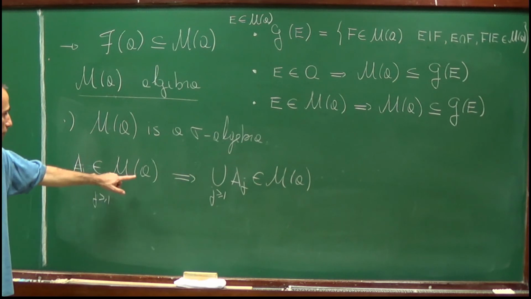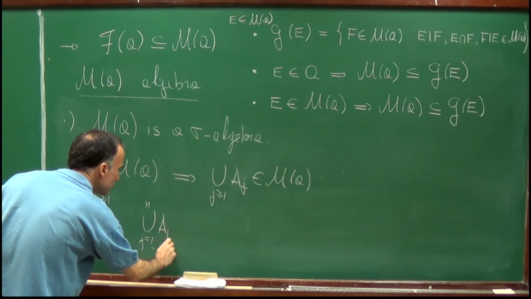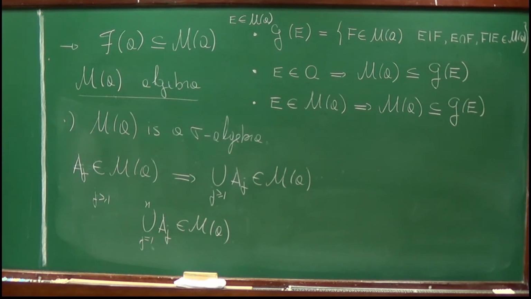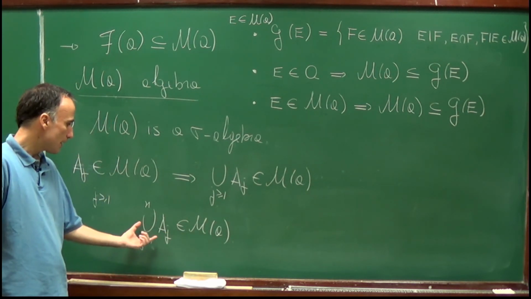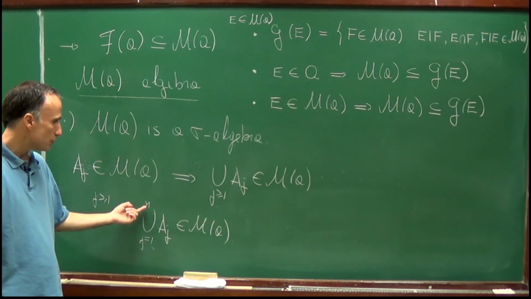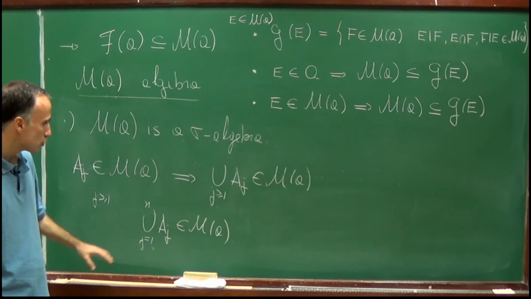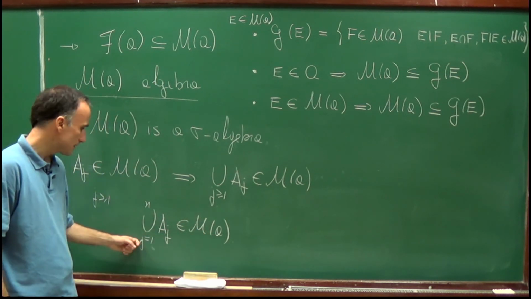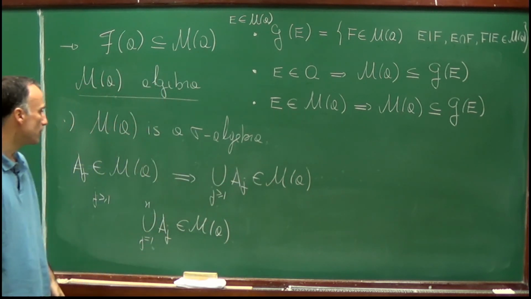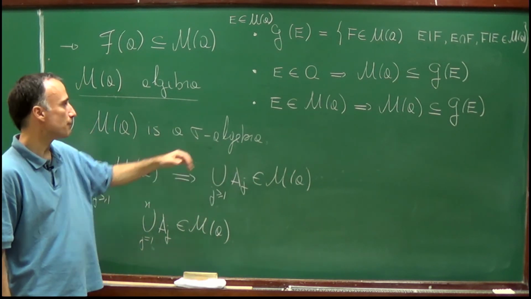Well, since M of A is an algebra, we know that the union from 1 up to n of A_j is an element of M of A. And now, since M of A is a monotone class, and this sequence, the union from 1 to n of A_j, increases as n goes to infinity to the union for j greater or equal than 1 of A_j, from the fact that M of A is a monotone class and that these sets belong to M of A, we conclude that the countable union is also an element of M of A, and therefore that M of A is closed by countable unions, and therefore it's a sigma algebra.